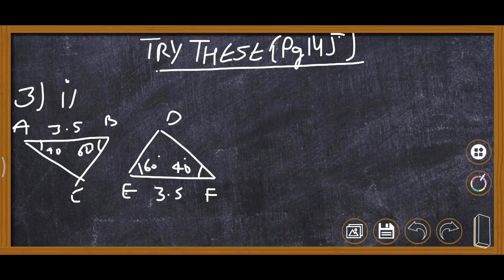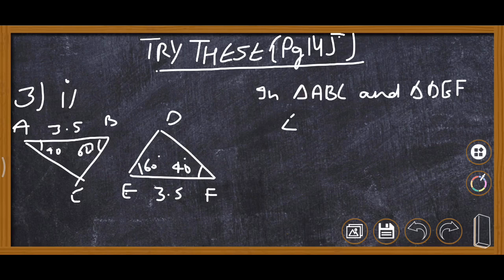For the solution, first of all, we will name these triangles. We will write in triangle ABC and triangle DEF. First of all, in the statement we have to write which triangles we are taking. Now conditions: angle A is 40 and here angle F is 40.